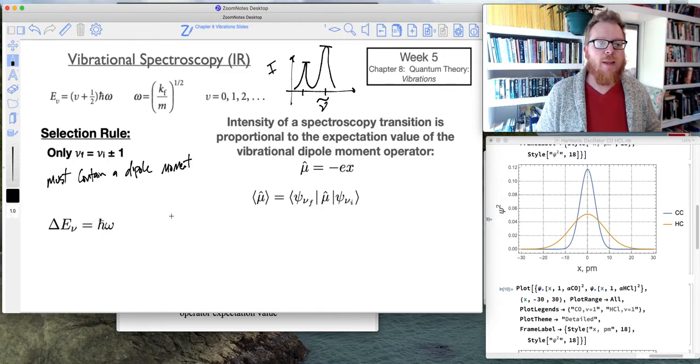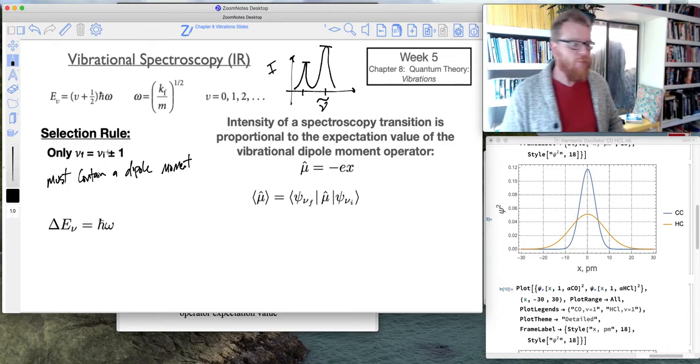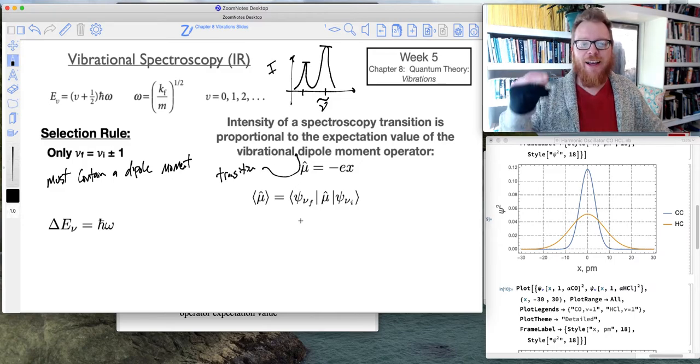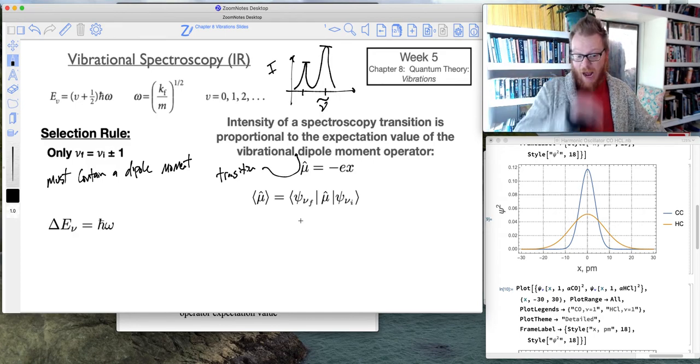I'll talk about the other selection rule, v final equals v initial plus or minus 1, in a moment. Another thing that's important to note: I've put too many qualifiers in there. That should read the expectation value of the vibrational transition dipole moment operator.